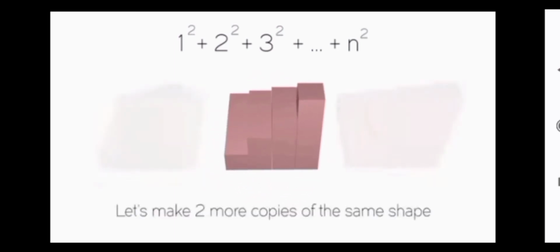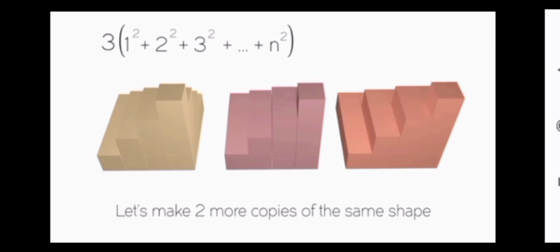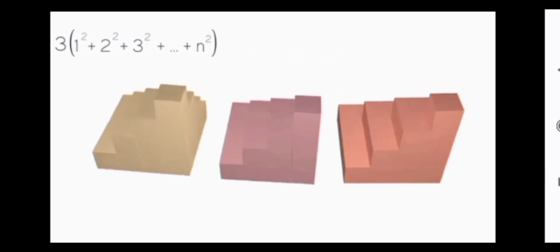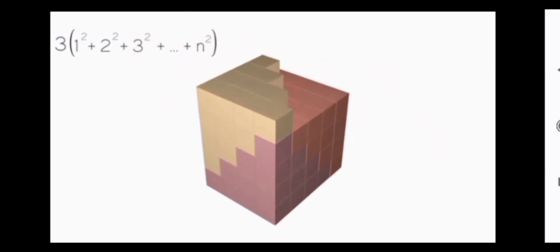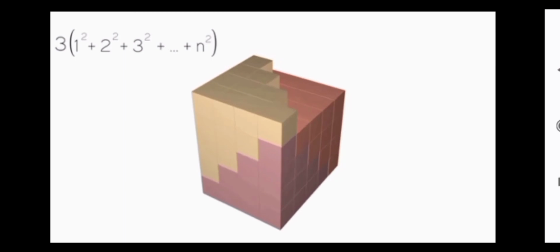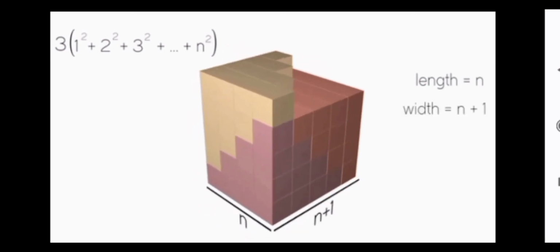Let's make 2 more copies of the same shape. So there are already 3 copies of 1 squared plus 2 squared plus 3 squared up to n squared. Let the length be equal to n, with 5 units. As you can see, the width has 6 units, so length plus 1 is n plus 1 for our width.